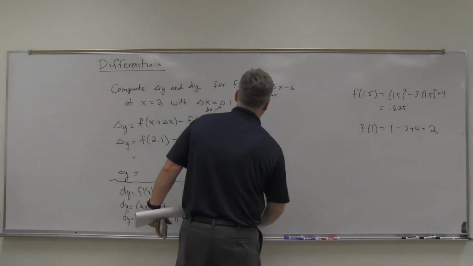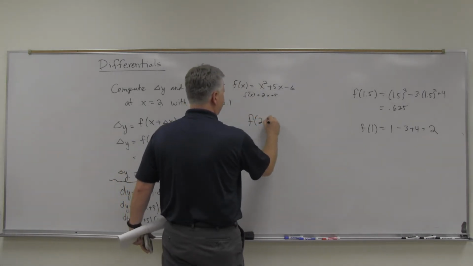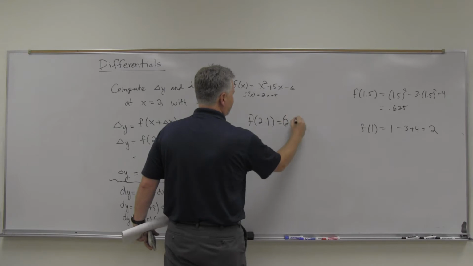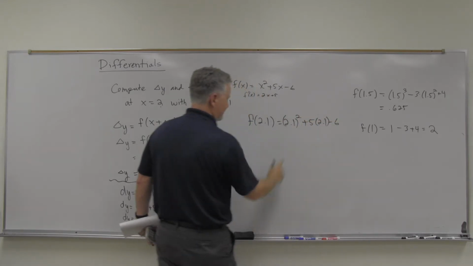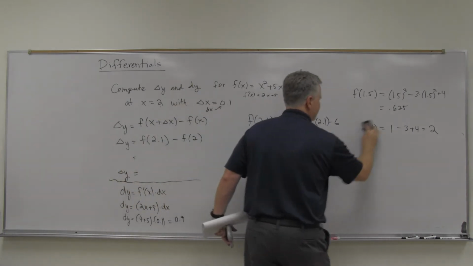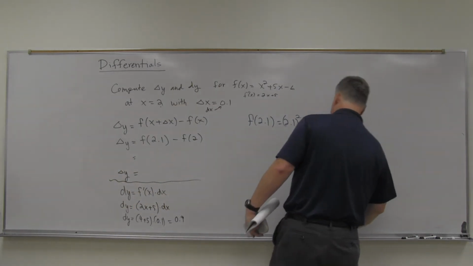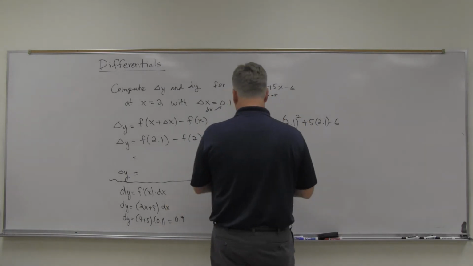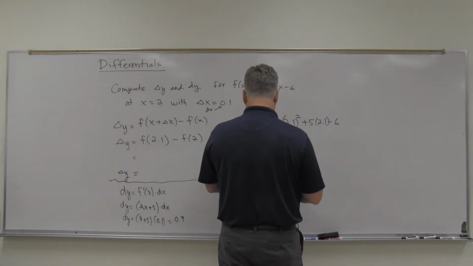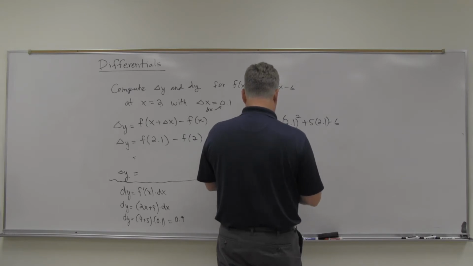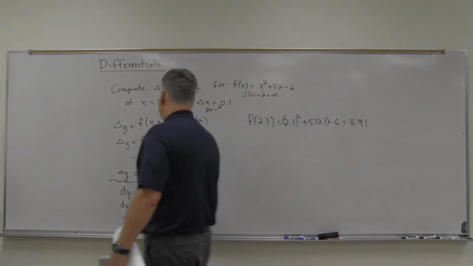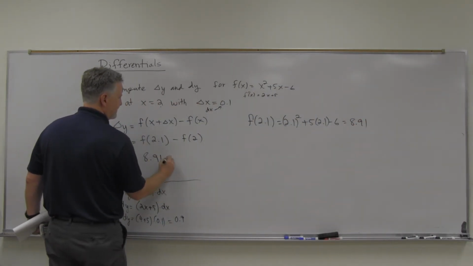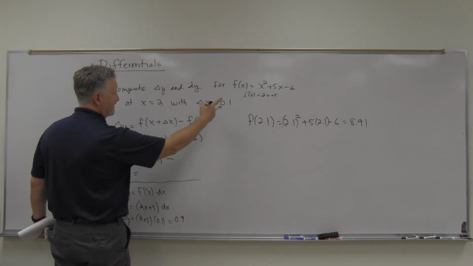All right. F of 2.1. It's 2.1 squared plus 5 times 2.1 minus 6. I did a minus instead of plus there. That's just something on the looking right there. Okay, so 2.1 squared plus 5 times 2.1 minus 6. 8.91, there we go. 8.91 minus f of 2, that was 8.